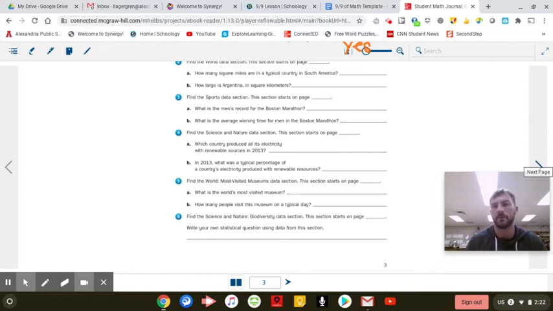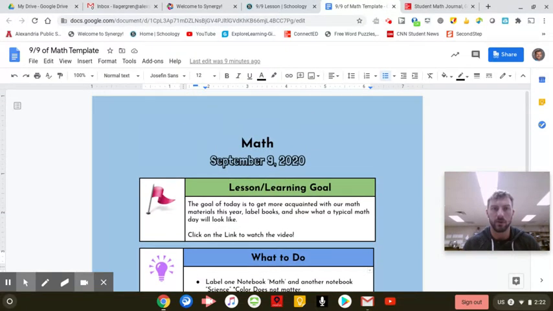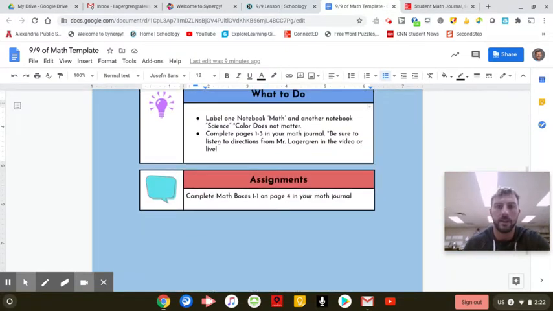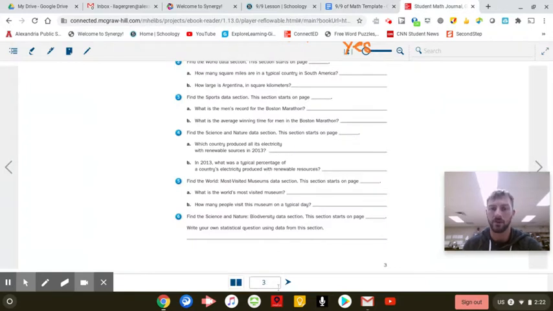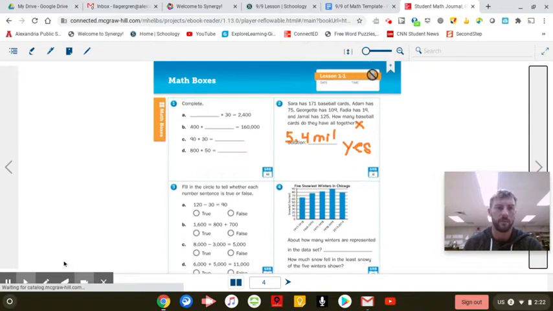Yes or no. Okay. If we go back to your lesson for today, this document, your assignment is math boxes 1-1 on page 4. I'm just going to quickly show you that. So if I flip over to page 4, if it lets me. There you go.